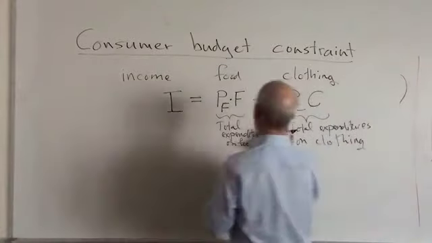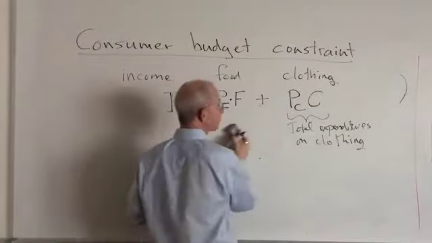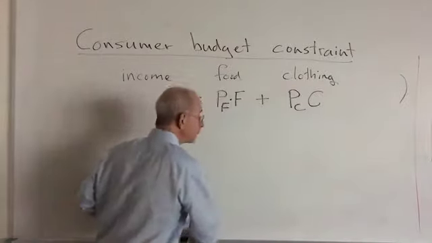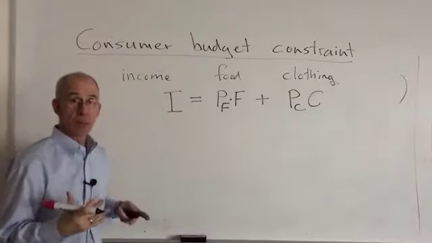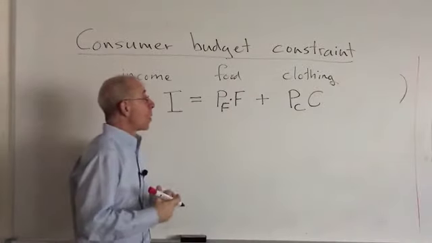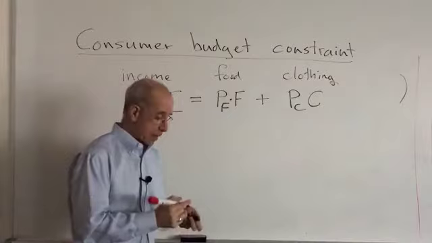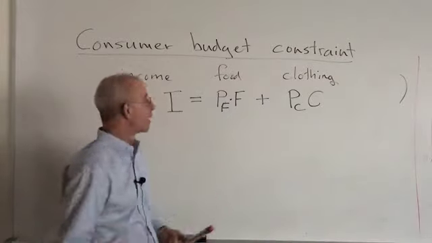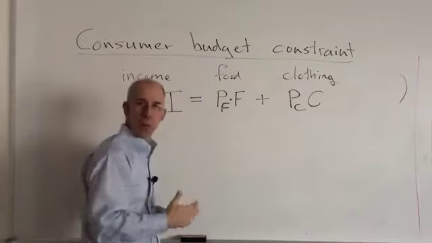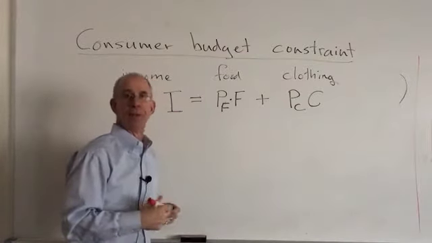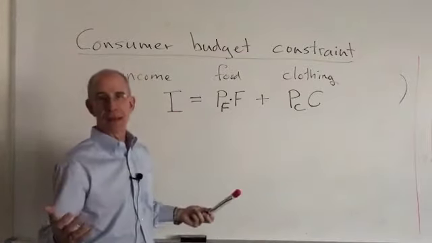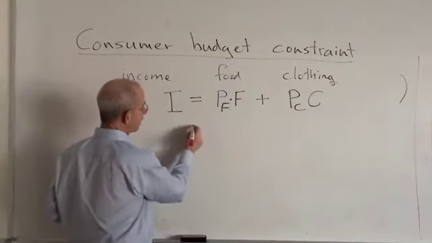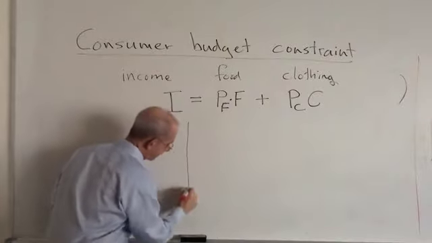Now, this budget constraint, which is easy to conceptualize, we want to use it in the context of a graph. I'm an economist. Of course, I want to turn what is a normal human activity into a graph that I can analyze. Okay, so let's do that.